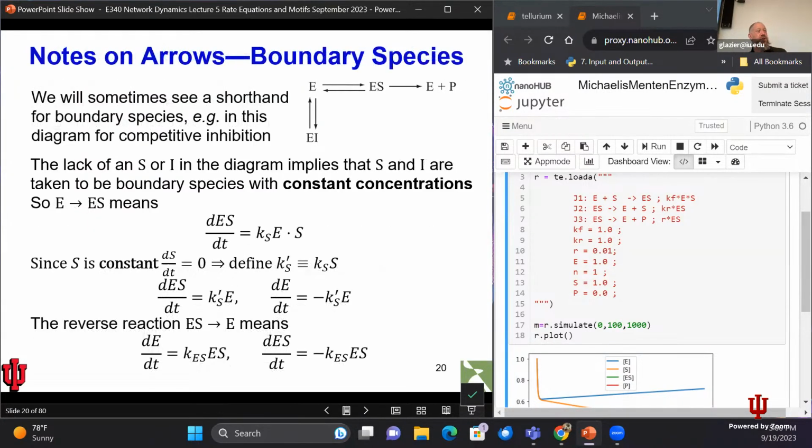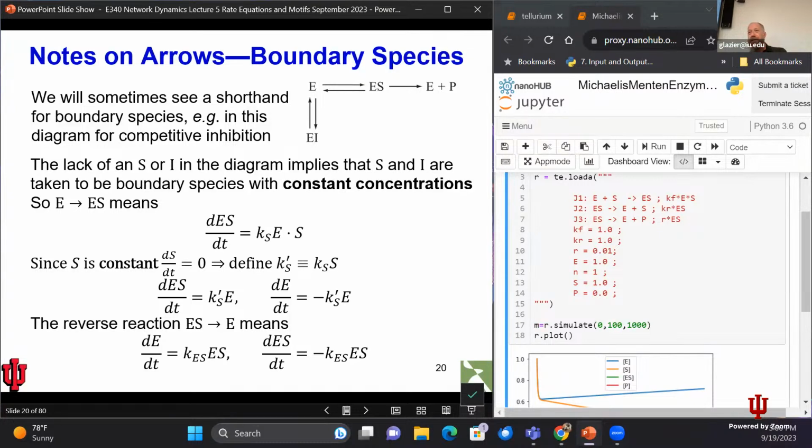I made a definition here, which is the rate at which I produce ES is Ks times concentration of E times concentration of S. That's mass action. But S is a constant. S is not changing. And so I can define Ks prime, which is Ks times the concentration of S. And then I don't show the S in the rate.